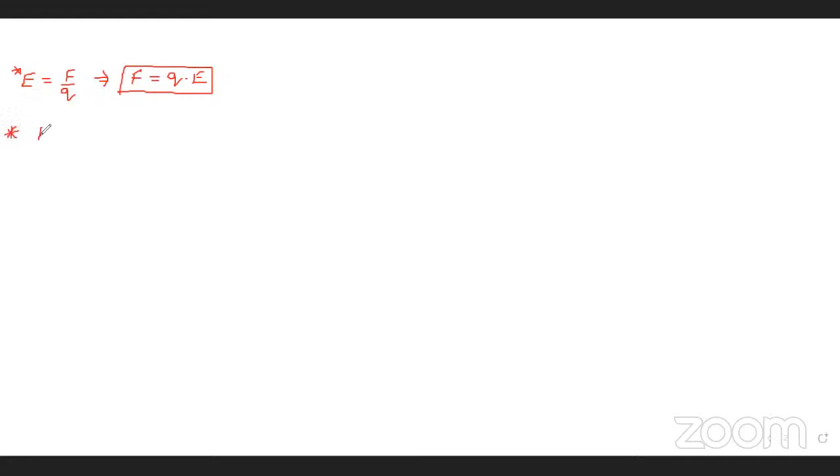Then what is the expression we got for electric intensity for a point charge? For a point charge, electric intensity is given by 1 by 4 pi epsilon naught into Q divided by R square.